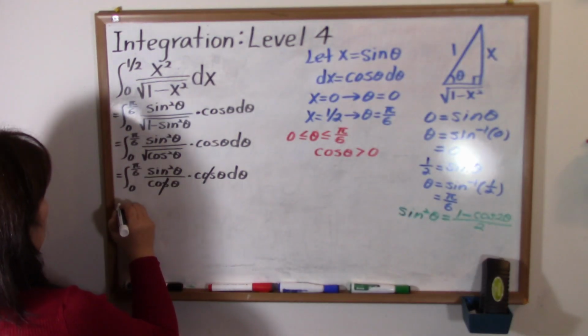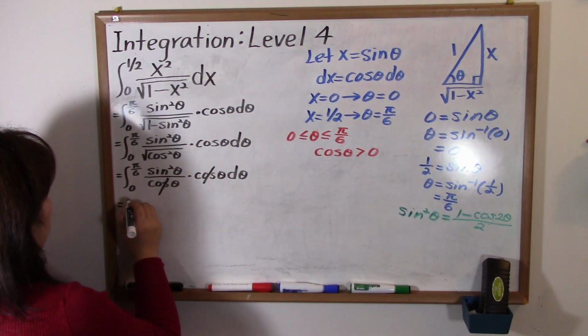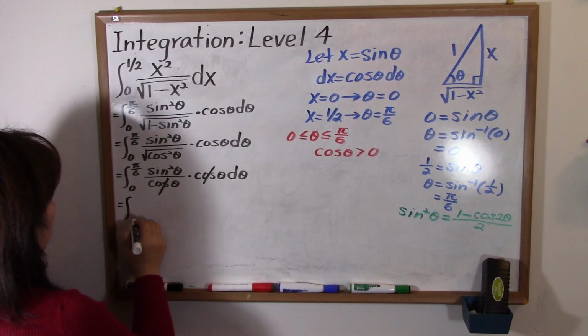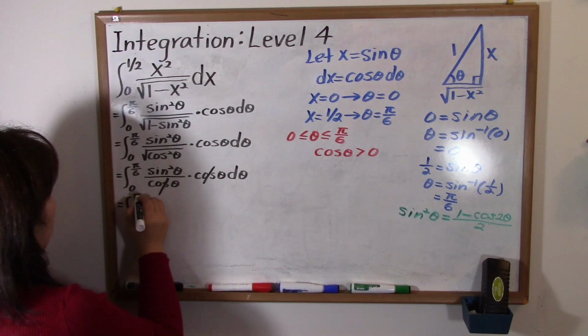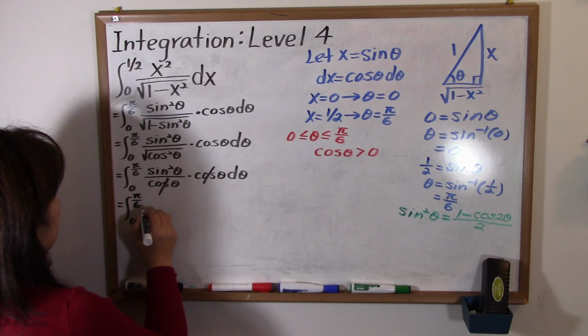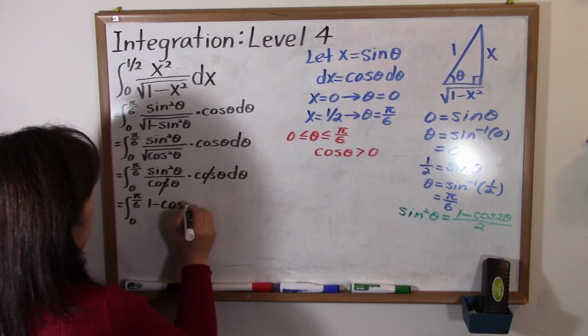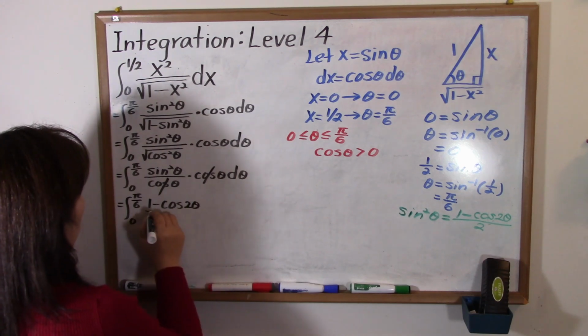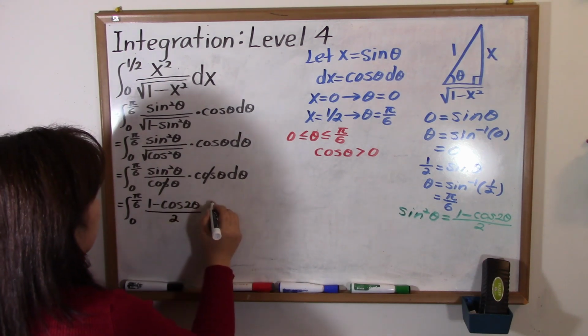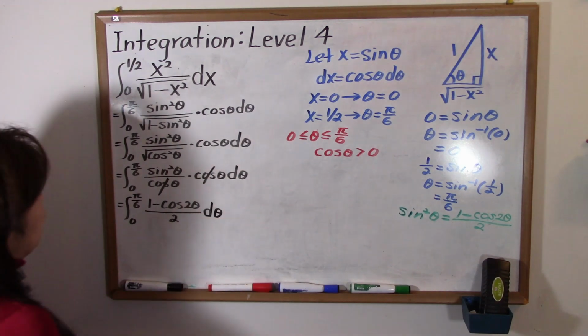So it is equal to the integral from 0 to pi over 6 of (1 minus cosine 2 theta) all over 2 d theta.